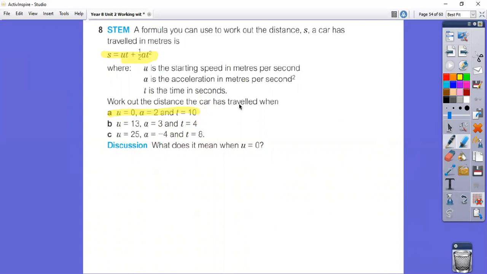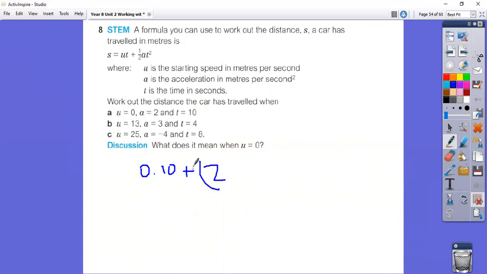So for the first one, U is 0, so you've got 0 times T, which is 10, add half of AT, so A is 2, so that's 2.